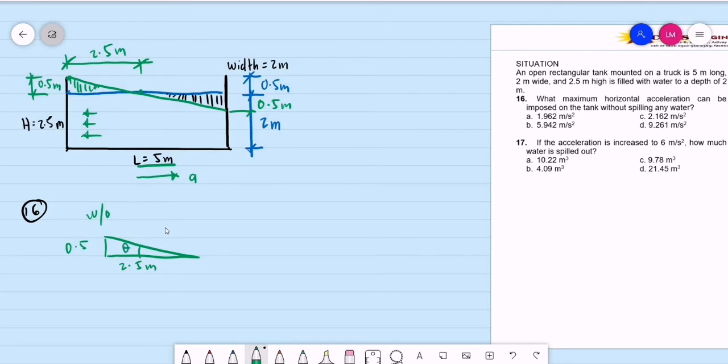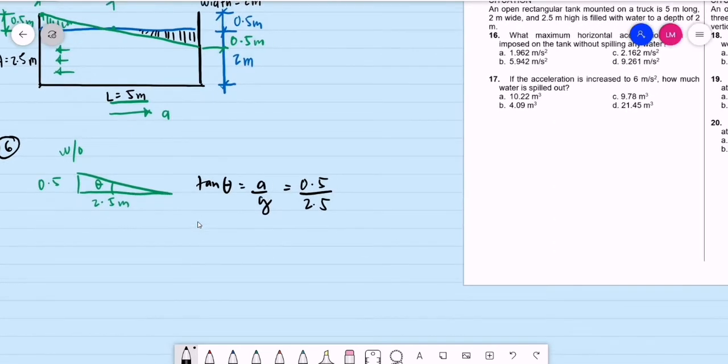So we can use the function, that is, the tangent of theta is equal to the acceleration divided by the acceleration due to gravity, which is also equal to, if we now refer to this triangle, the opposite is 0.5, the adjacent side is 2.5 meters. So we can now compute for the acceleration.